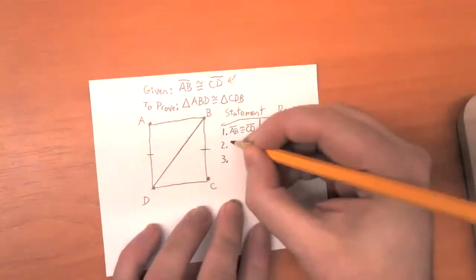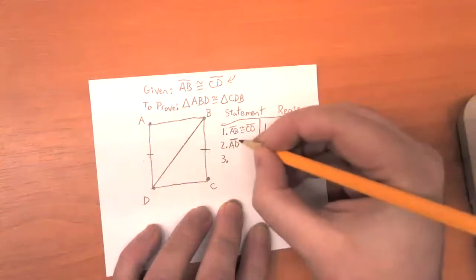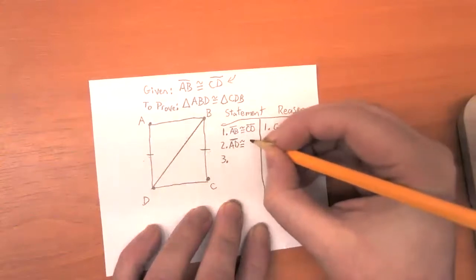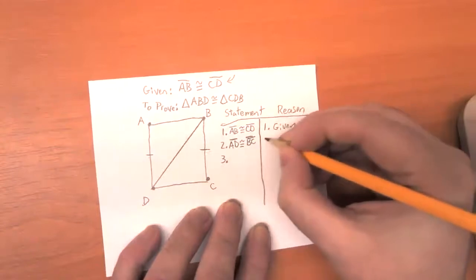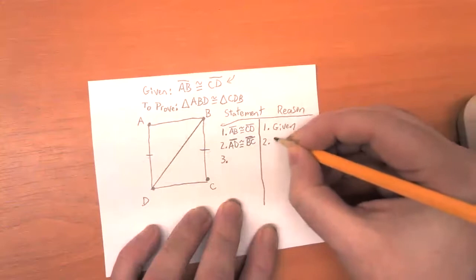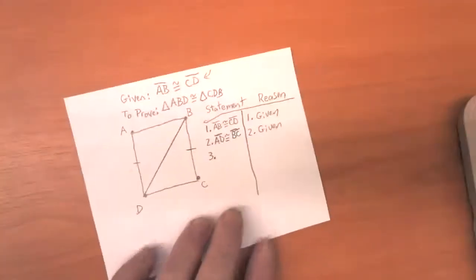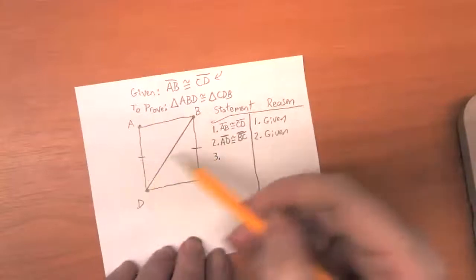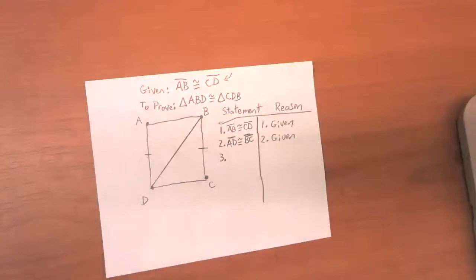So we could also include, based on those tick marks, that AD is congruent to BC. And that would also be given. So you can either see it by angles like that, or by tick marks, or by the statements in the proof.